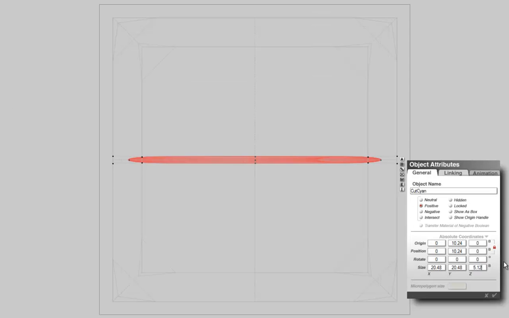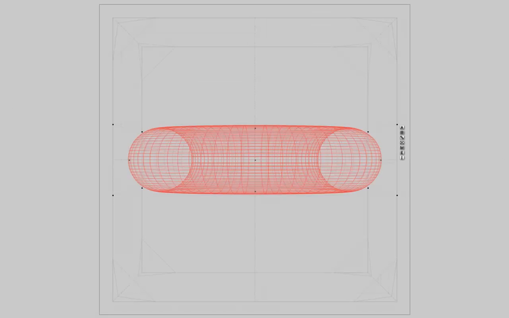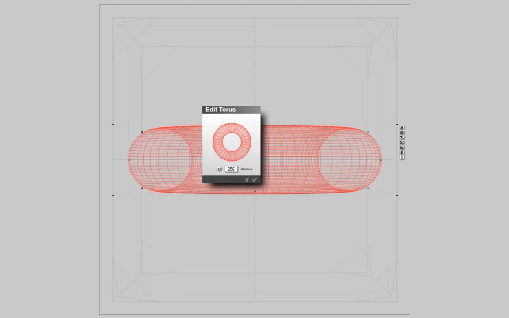We notice that this diameter of the tube remained. It's only this diameter which changed. This diameter is changed here. This radius is controlled by this value here.